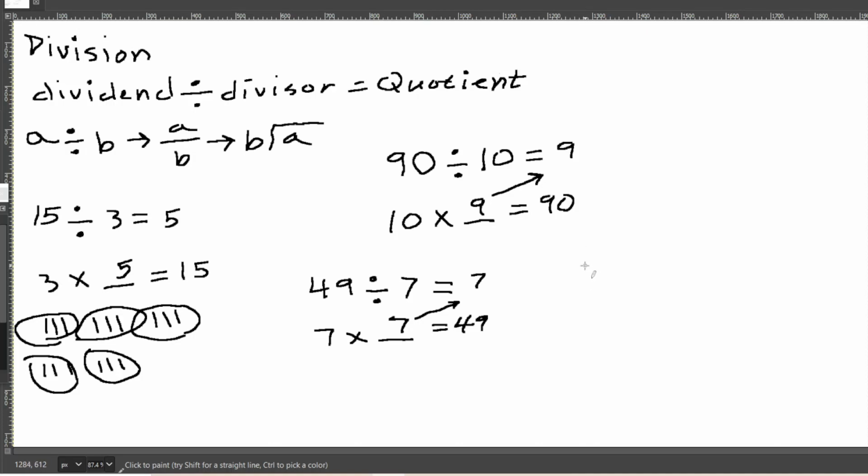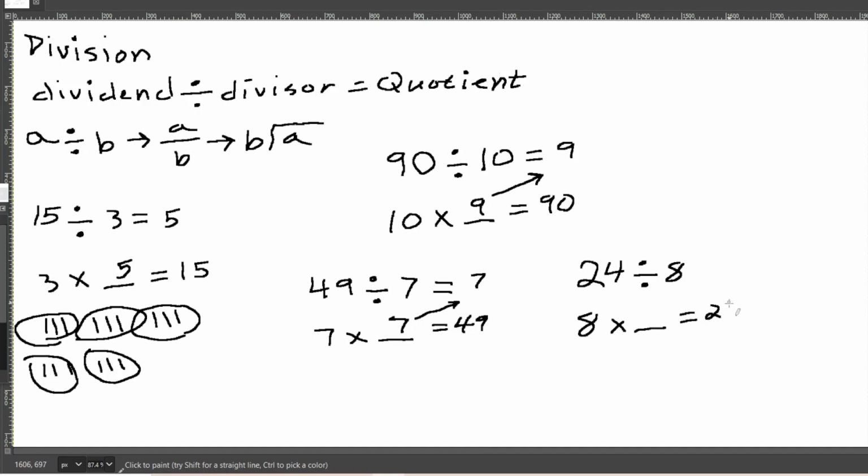Trying to think of another one. Maybe 24 divided by 8. So again, that's going to be 8. Take the divisor, times it by some blank, which happens to be our quotient, but it feels silly when I'm multiplying to call it the quotient.